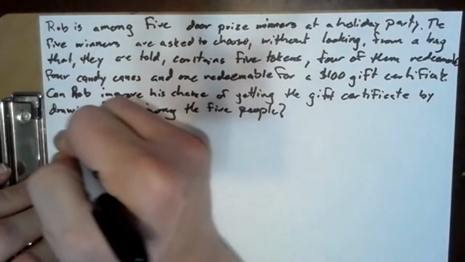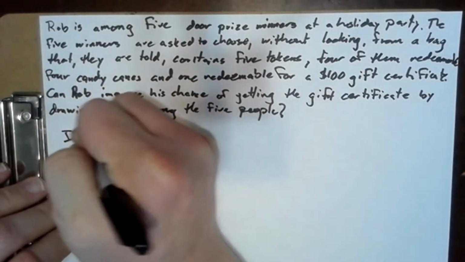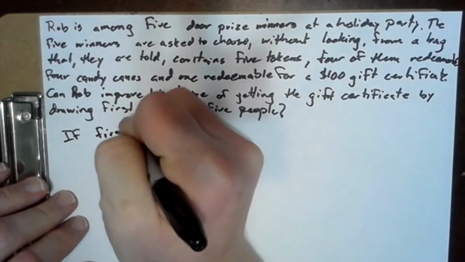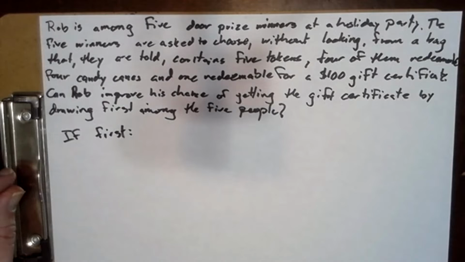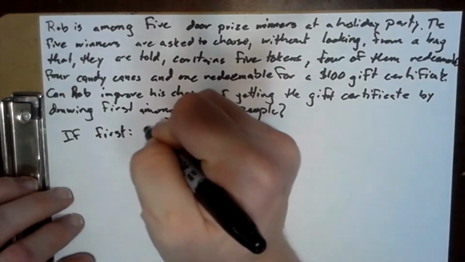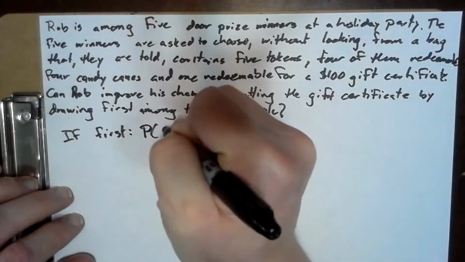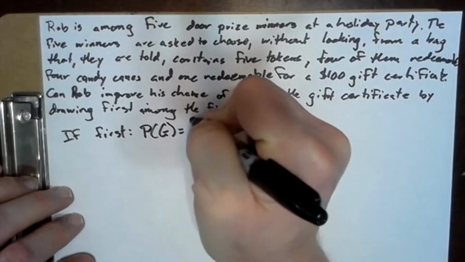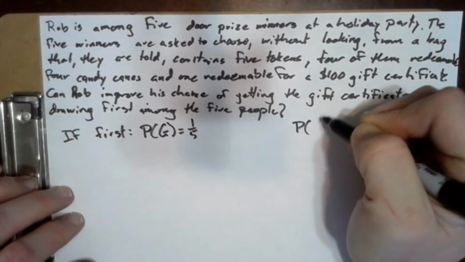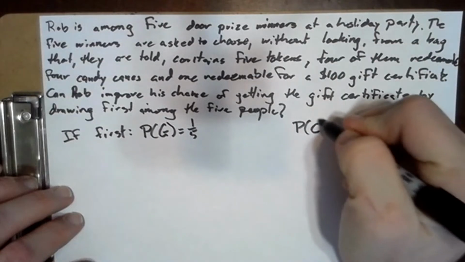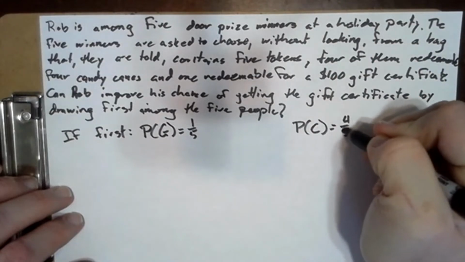Obviously, if he goes first, the probability that he draws the gift certificate is 1/5. But note that the probability of drawing the candy cane is 4/5.